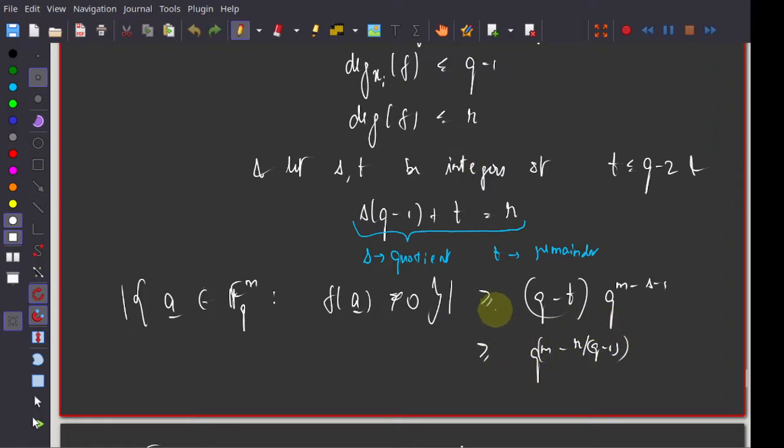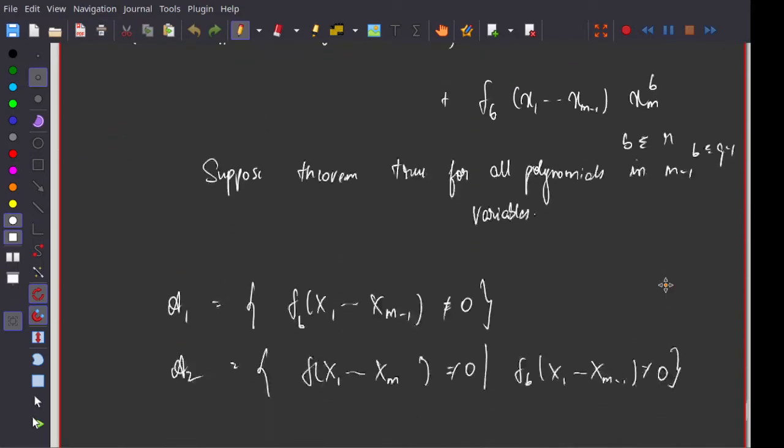It is greater than or equal to (Q minus T) raised to Q raised to (M minus S minus 1). So the minimum Hamming weight is basically Q to the M minus this particular quantity.